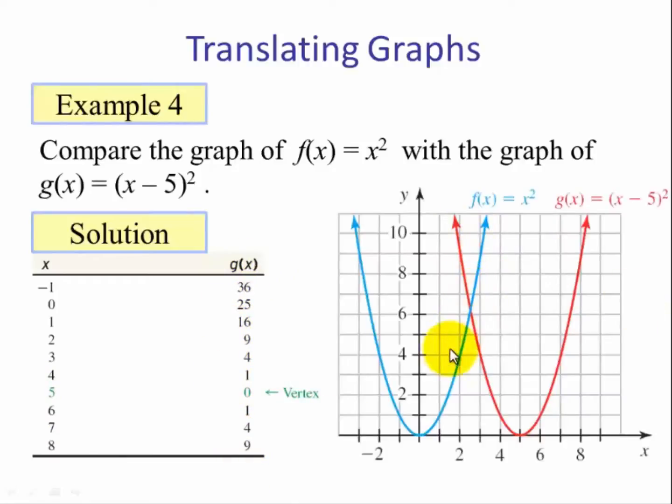Graphically, x squared is here, and when we plot these points here, we have this graph. So if we look, we see that the vertex is no longer at 0, 0. The vertex now is at 5, 0. So we can see the relationship with the value of h and the x-coordinate of the vertex.